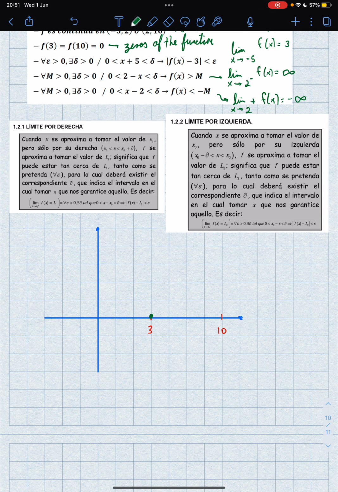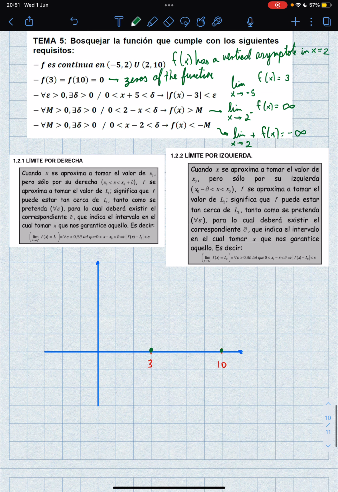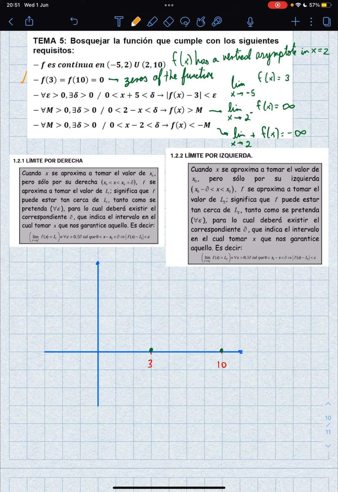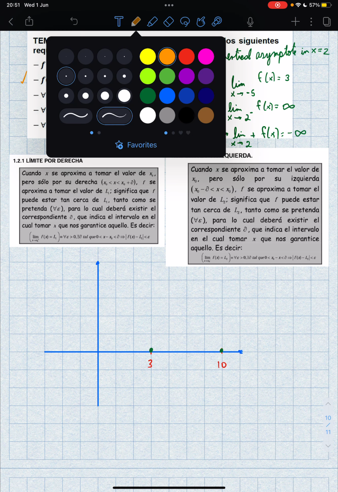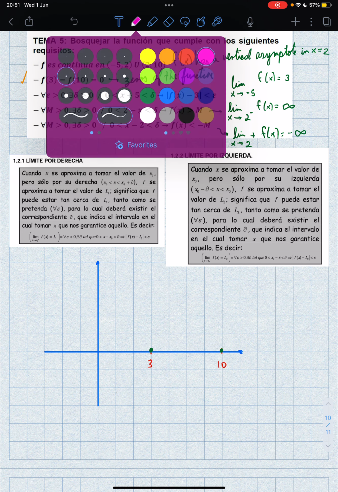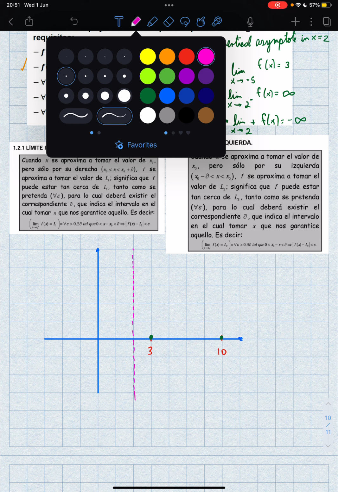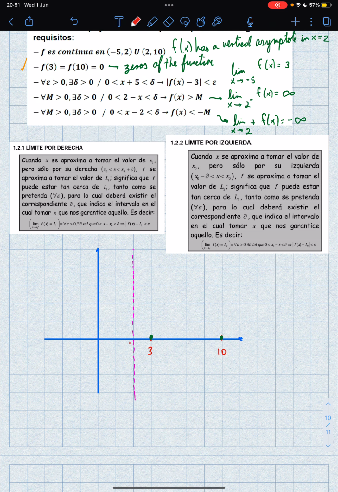The function is 0 at this point. So we have the first task complete. Now we need to know that here we're going to have a vertical asymptote at 2.